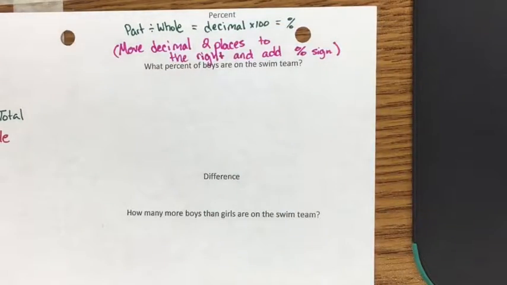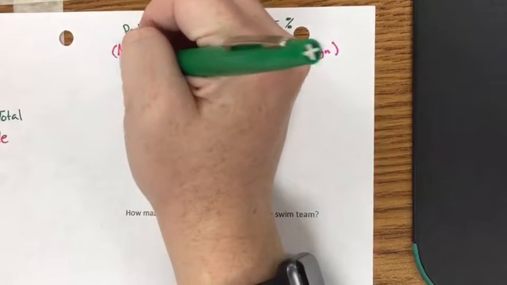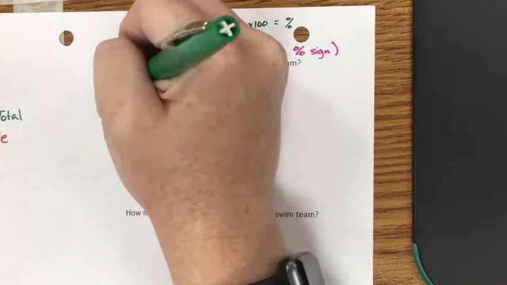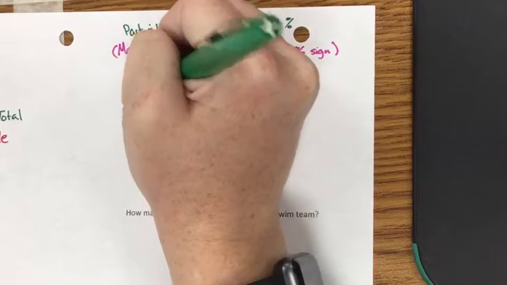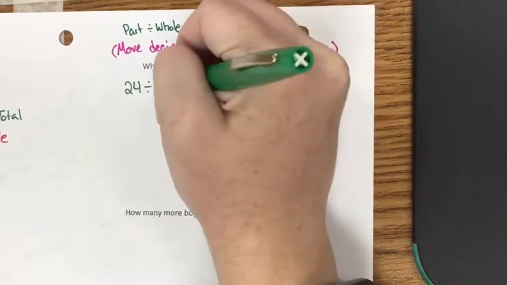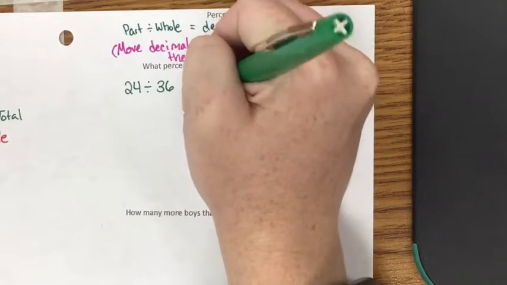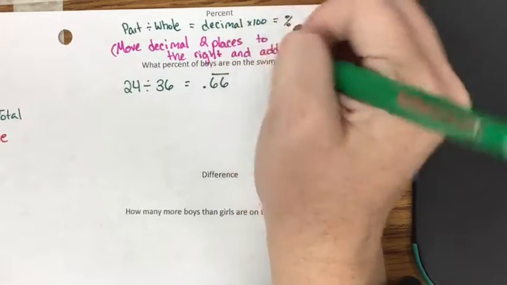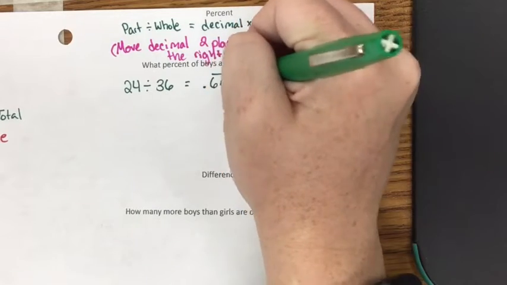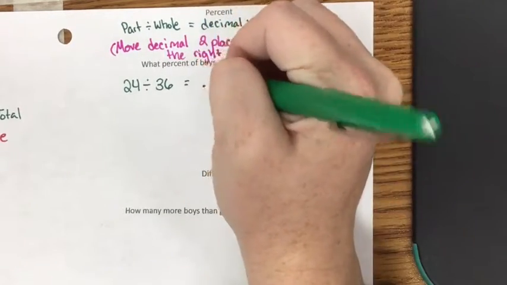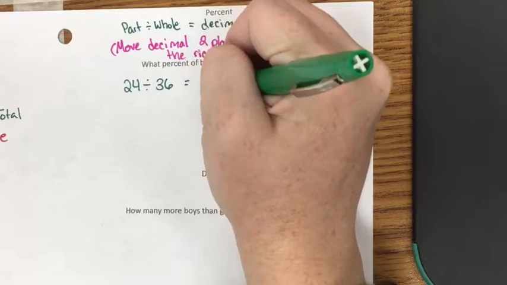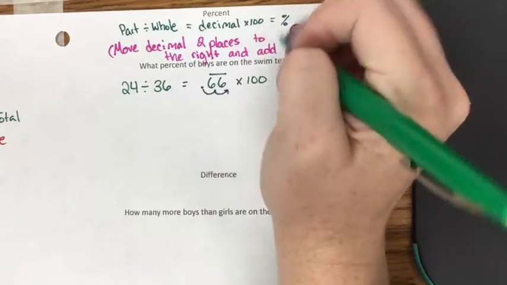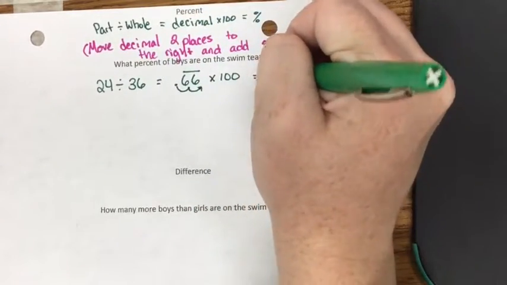Okay, so the example for this one, we're comparing what percent of boys are on the swim team. So if there are 24 divided by 36 boys, which gives us the decimal 0.6 repeating, and we want to turn that into a percent, we multiply it by 100, which just means that we move this decimal place 2 places to the right, and our resulting percent is 66%.